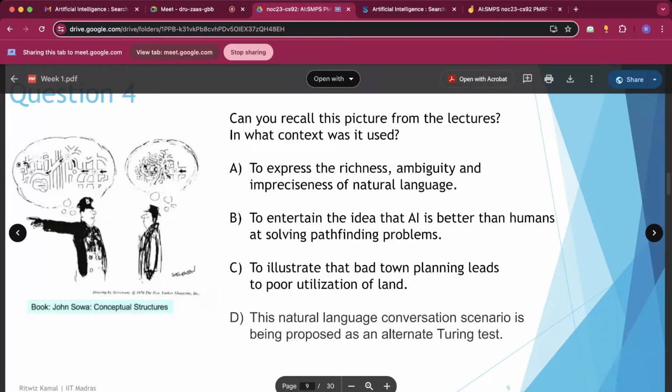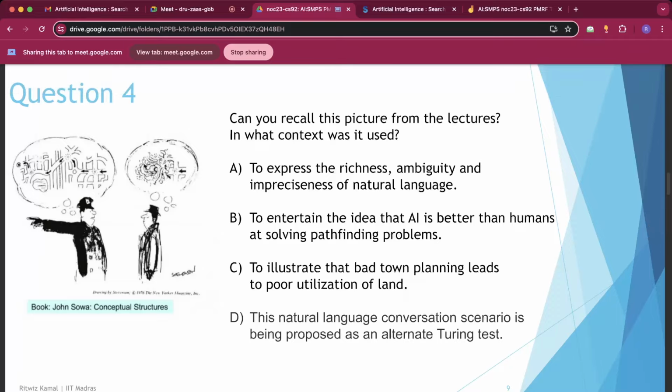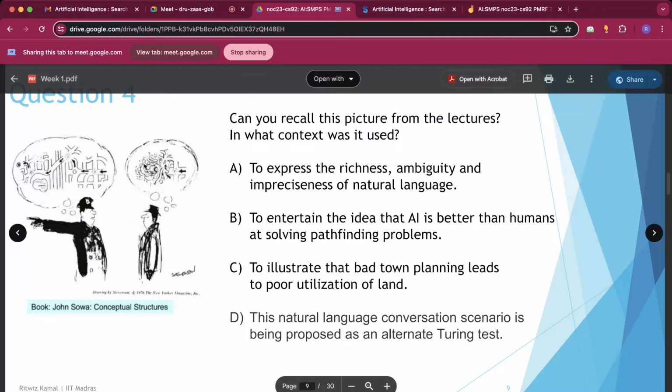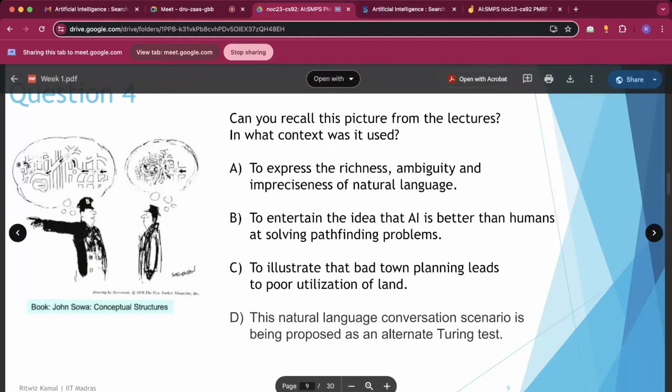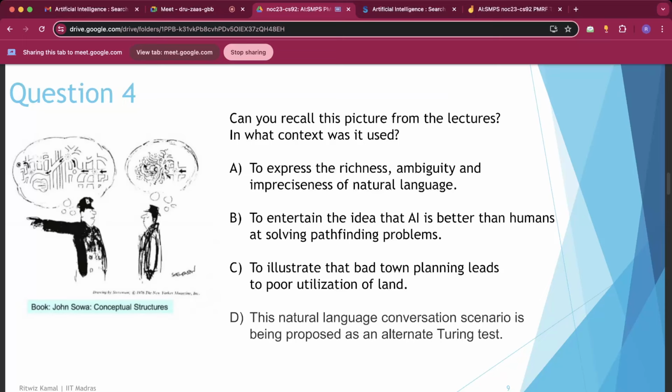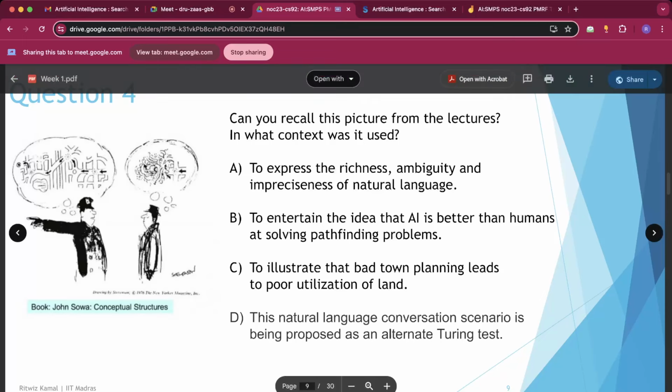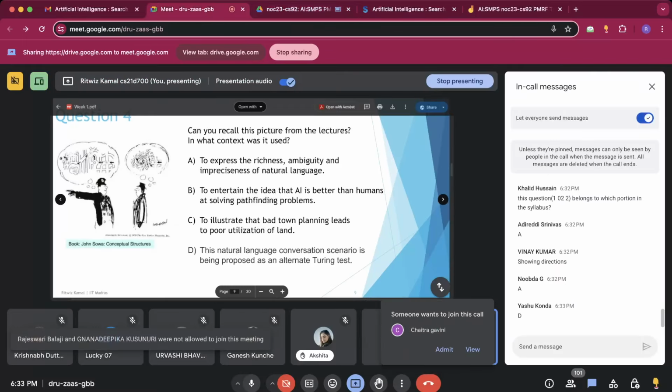But what the citizen is understanding is a complicated mess, as you can see from the thought bubble on top of the citizen, right? So this is the context. Now that you have the setting in mind, which of these options do you think is being conveyed through this image over here? I'll let you think about it for a while.